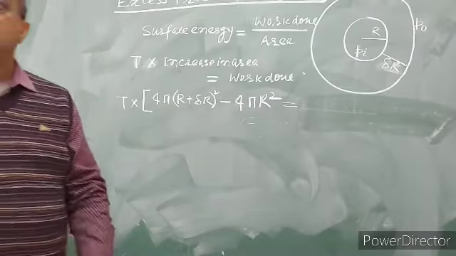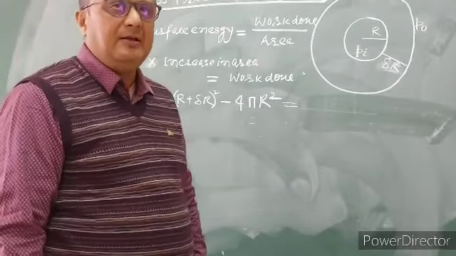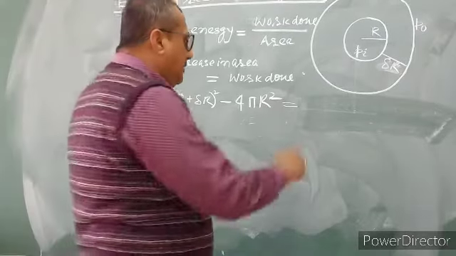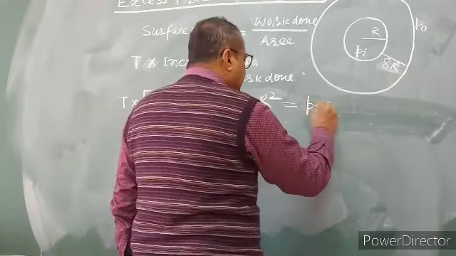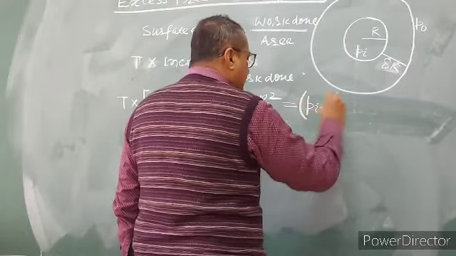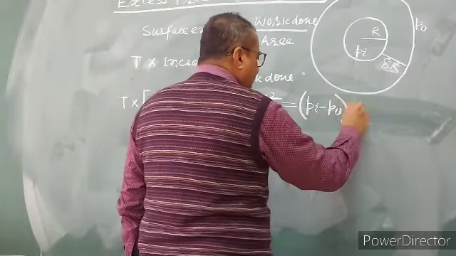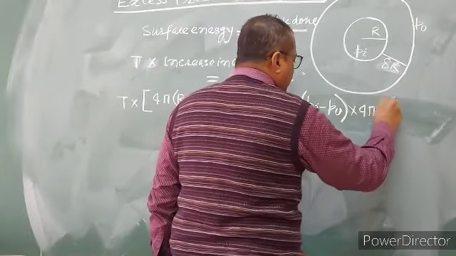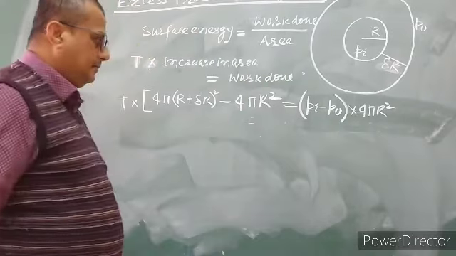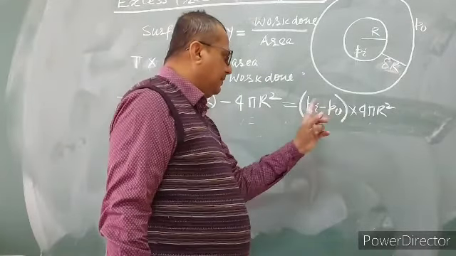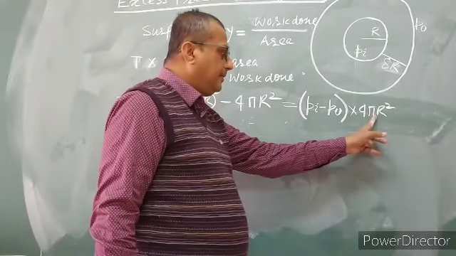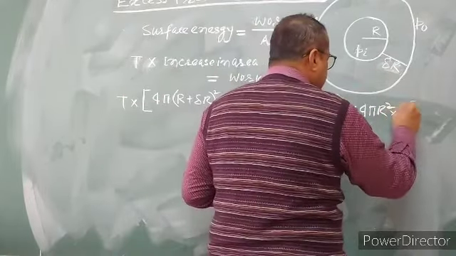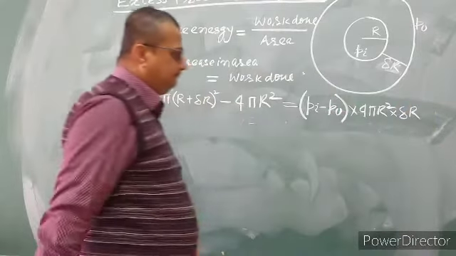Work done: we know pressure equals force by area, so force equals pressure into area. Excess pressure is Pi minus PO, times area 4 pi r square. This is the force. Force into displacement, and displacement is delta r.